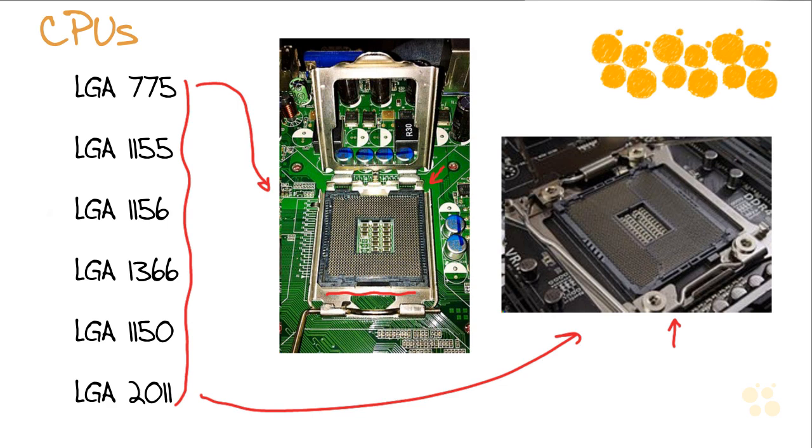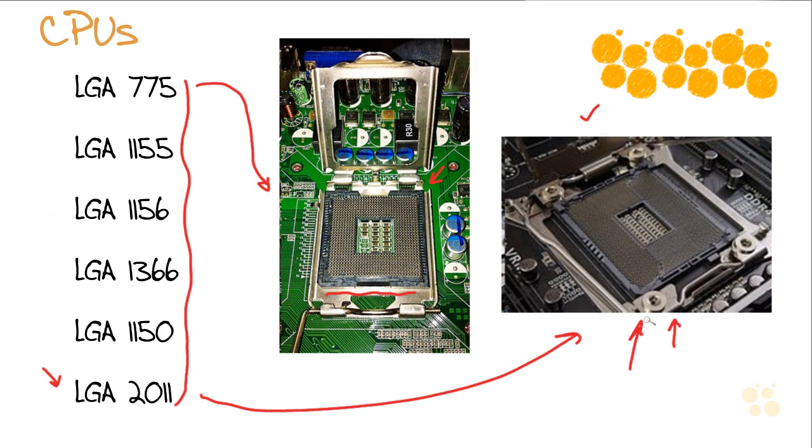Now, what's super interesting about this, and you would never want to try and memorize it, of course, is that each of these sockets represents advances in CPU technology. For instance, the LGA 2011 socket that we have depicted here just so happens to have been released around 2011, and it supported the Ivy Bridge and Sandy Bridge type CPUs.